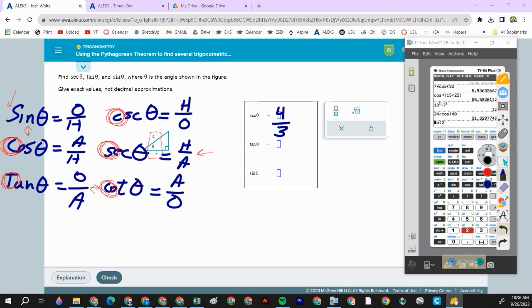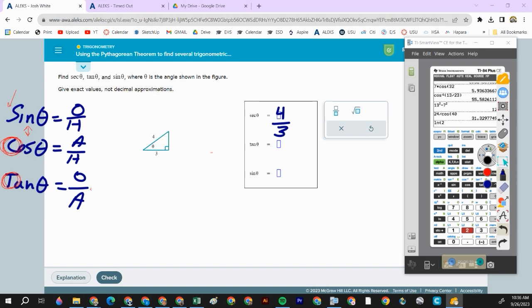All right. The tangent of theta. How am I going to do the tangent of theta? Well, I need the O divided by the A. I don't know the O, so I need to calculate it. 3 squared plus O squared equals 4 squared. So O squared equals 16 minus 9.